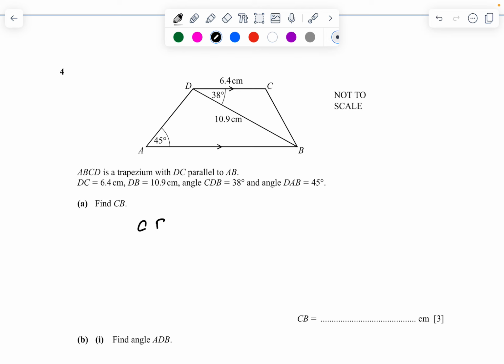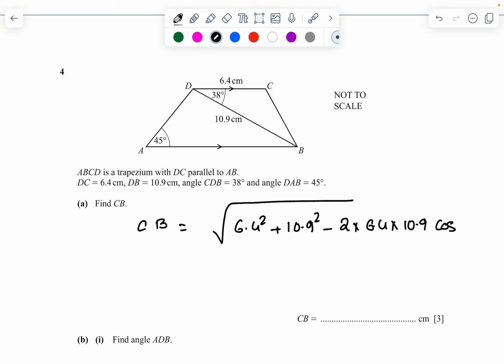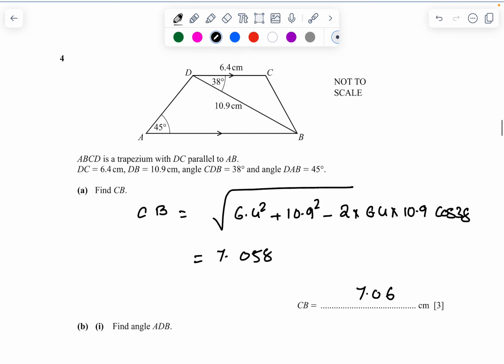I'm going to use the cosine rule: CB equals the square root of 6.4 squared plus 10.9 squared minus 2 times 6.4 times 10.9 times cosine 38. When you use the calculator and simplify that, you should get 7.058, which to three significant figures is 7.06.